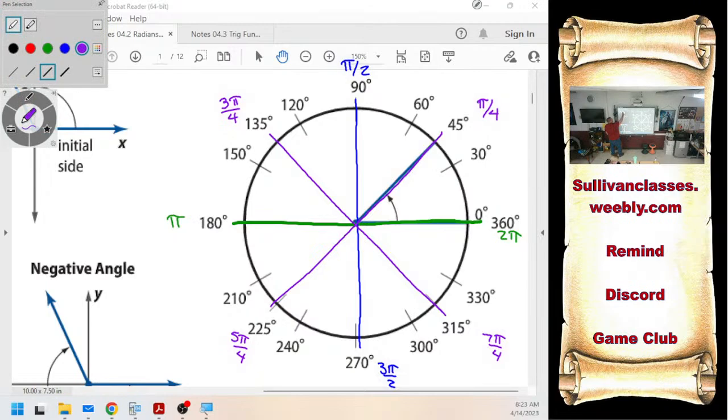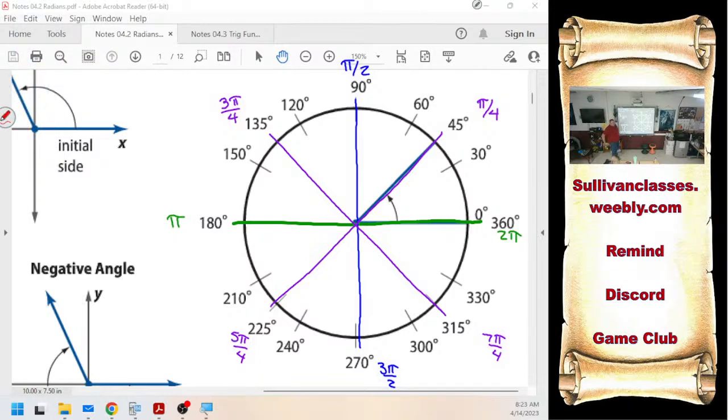If I were to instead cut up by thirds or sixths, I think it'll be easier to just go by sixths. What fraction of pi is 30 degrees? What fraction of the semicircle? Right, 1/6. Because I take 180 divided by 30. It's 1/6 of the way there.